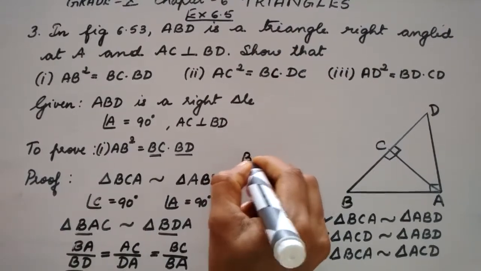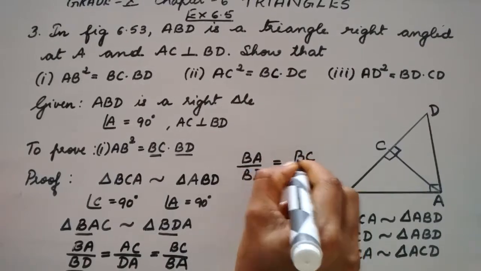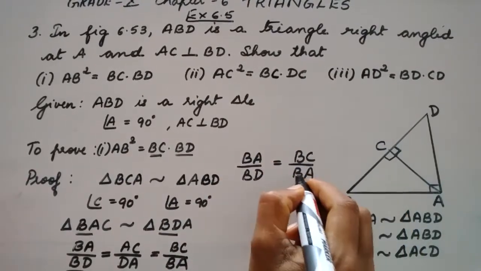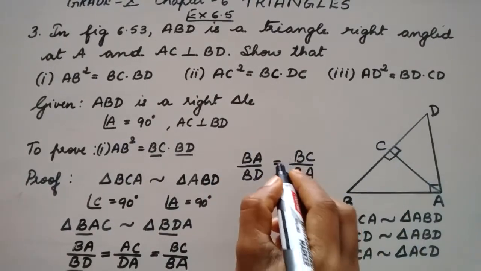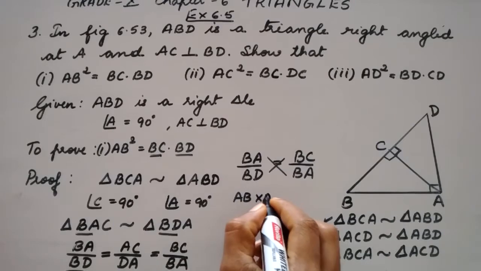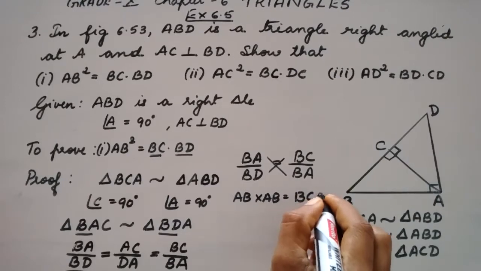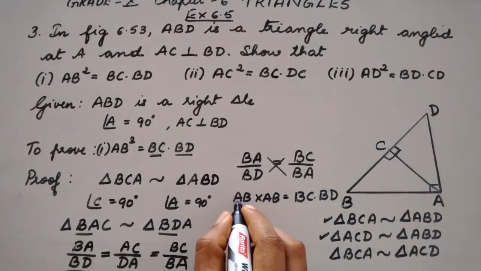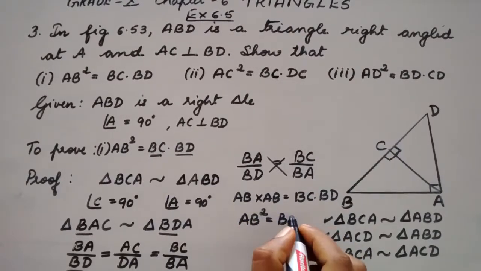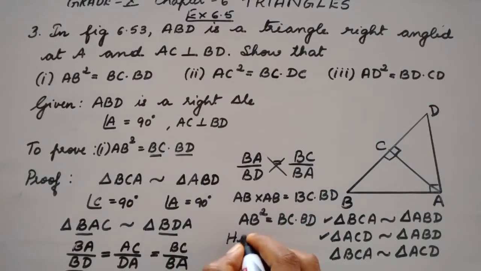They are BA by BD equal to BC by BA. AB is nothing but BA. So let us cross multiply. We get AB into AB, which is equal to BC into BD. So AB into AB is AB square, which is equal to BC into BD. And we have proved this, hence proved.